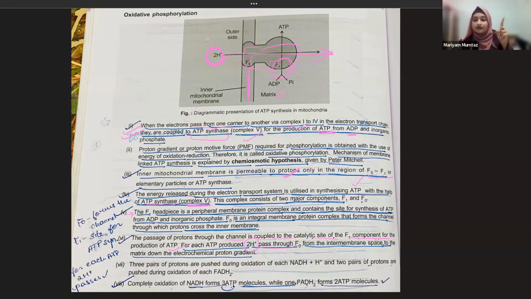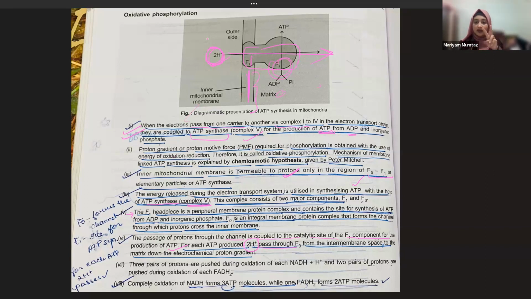One molecule of ATP. When 2 protons are passed, first they will pass through the F0. Then they will go to the F1. So when 2 protons pass through the F0, now where is F0 present? It is present in the intermembrane space. This particular thing, this one, is the intermembrane space.